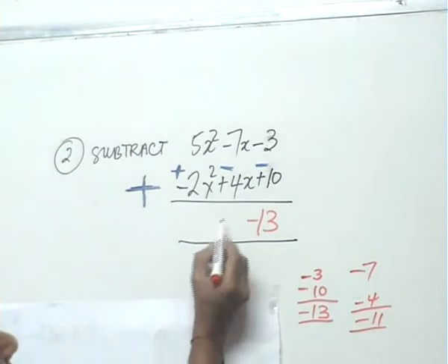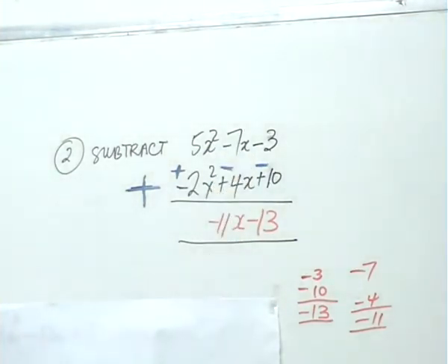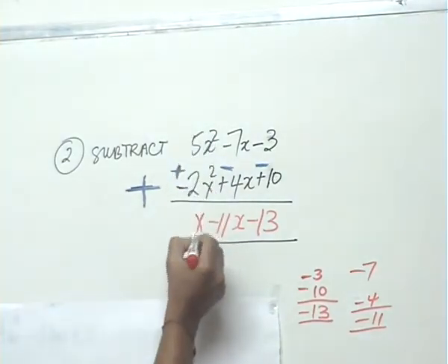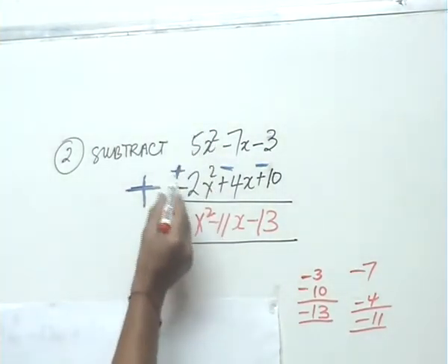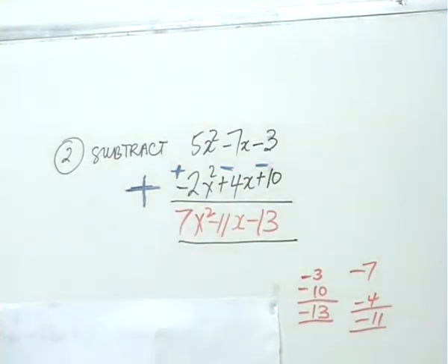You're adding it up and you get minus 11. So this column is for x and it's minus 11x. And finally here you've got 5 plus 2. This column is for x squared. 5 plus 2 gives you 7. So that's your answer for number 2. 7x squared minus 11x minus 13.